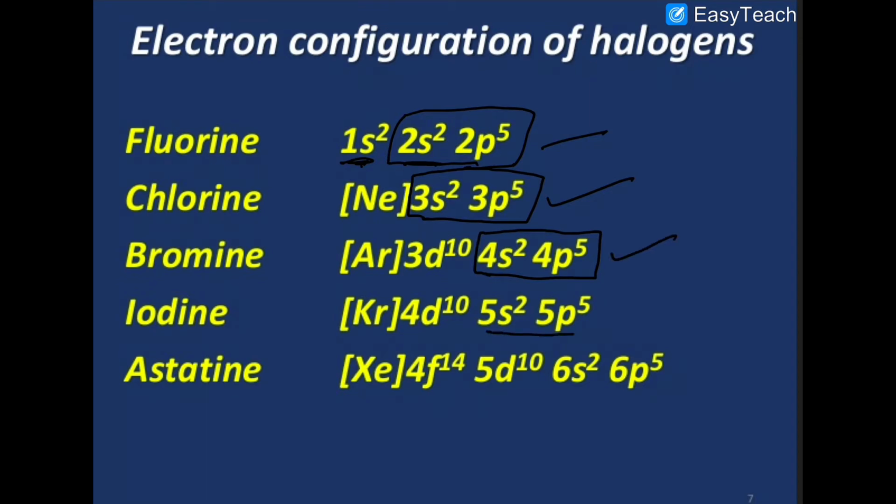For iodine, it is 5s2 5p5. And for astatine, it is 6s2 6p5. So these are the configurations of the various elements. Clearly understood now? You have to understand that very well.